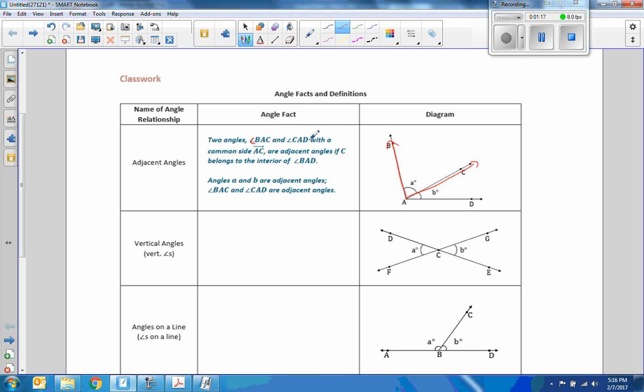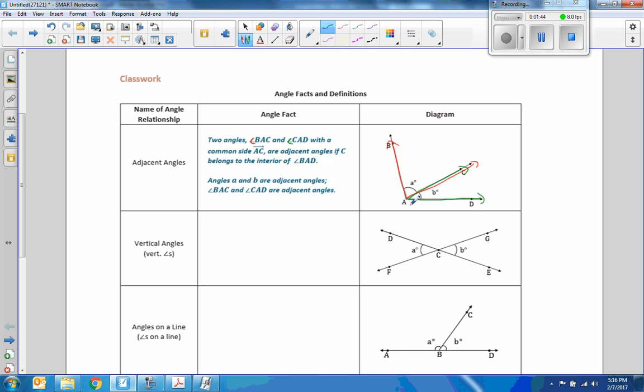And angle CAD. If I start at C, go to A, and then over to D, the green one is angle CAD, with the common side AC. As you can see, AC is right here, and the red angle and the green angle have that in common.